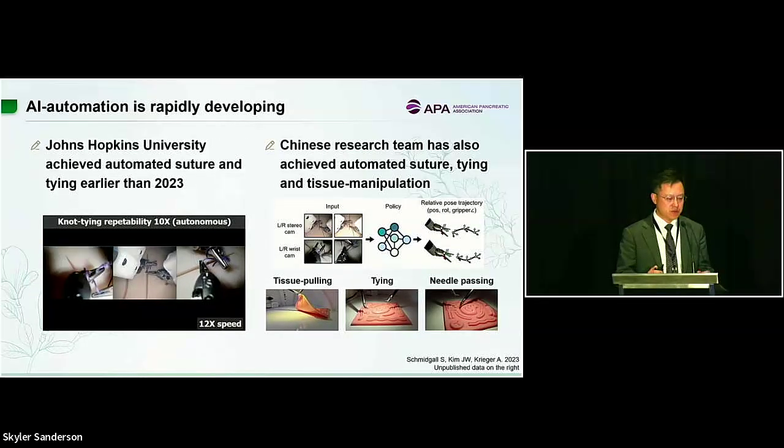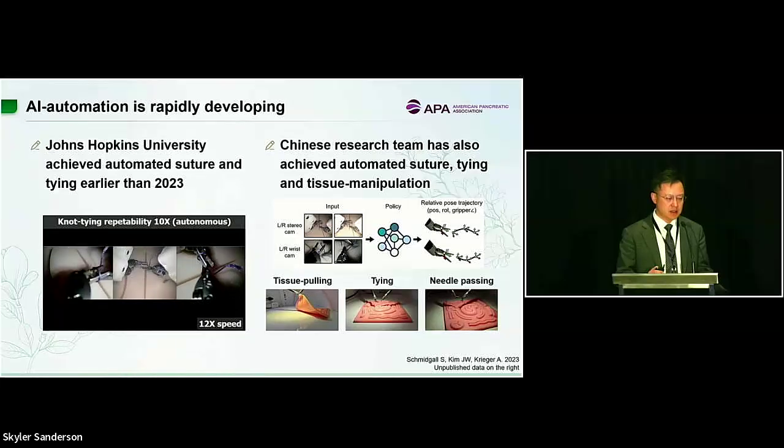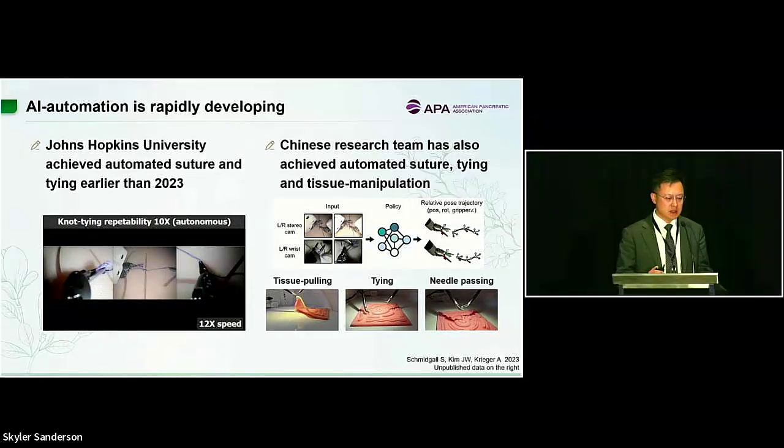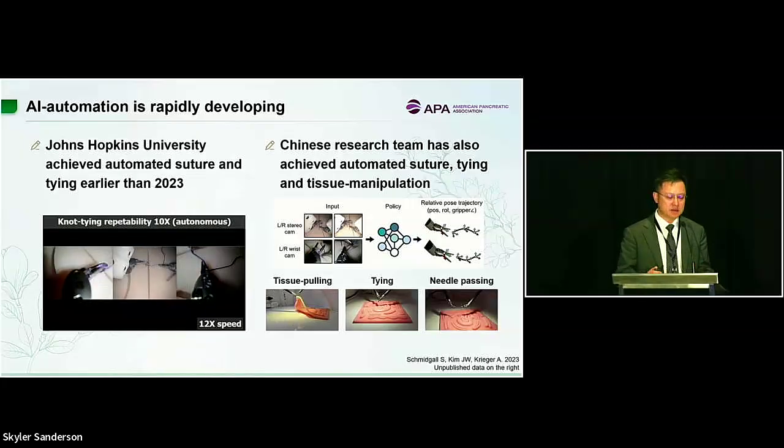This picture and video show two series. The left one is from Johns Hopkins, who achieved automated suturing and tying earlier in 2023. The right one is a Chinese research team last year. They also achieved suture tying, and we can see the tissue pulling, tying, and needle passing done automatically by the machine.